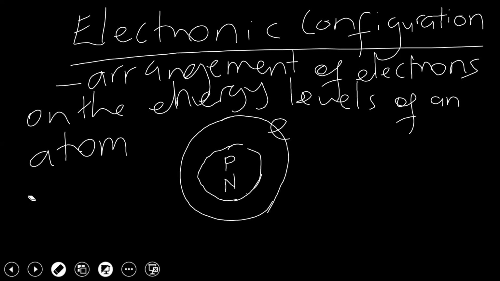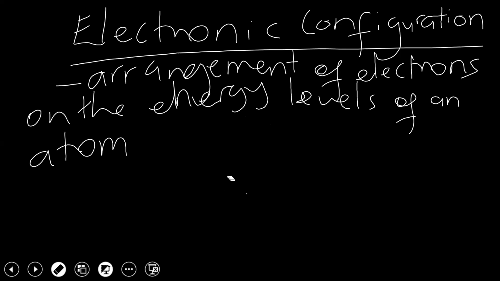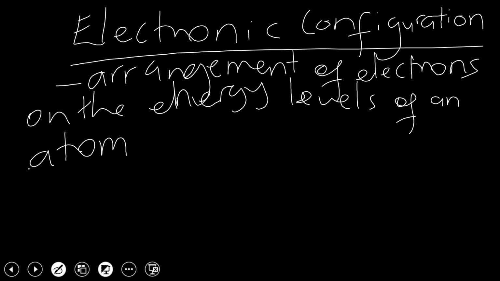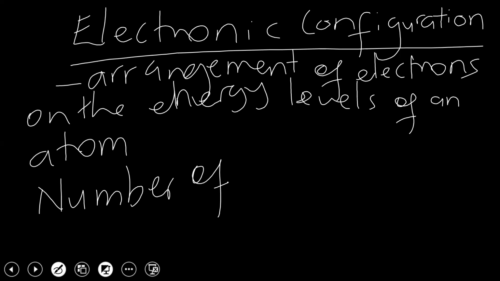Now, when you're writing electronic configuration, I will use the number of electrons. Like I said, the number of protons is equal to the number of electrons. This note is very important. The number of protons is equal to the number of electrons in an atom.